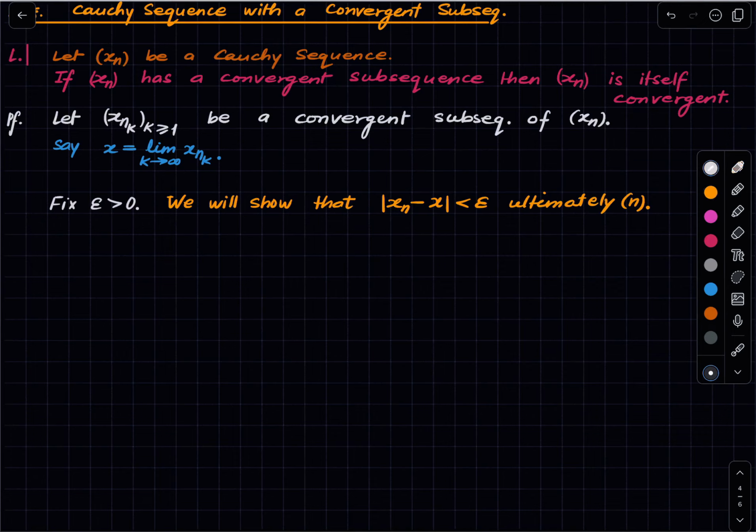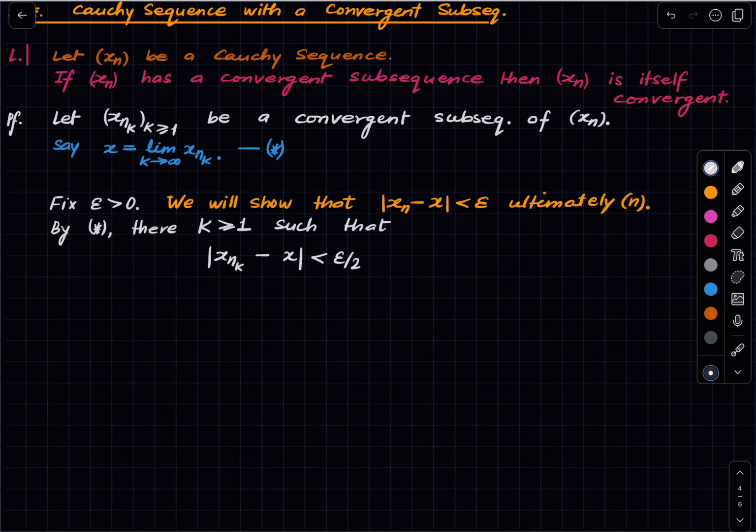And now, by the blue thing, let's call the blue thing star. By star, there is some capital K such that this is at most epsilon by 2.